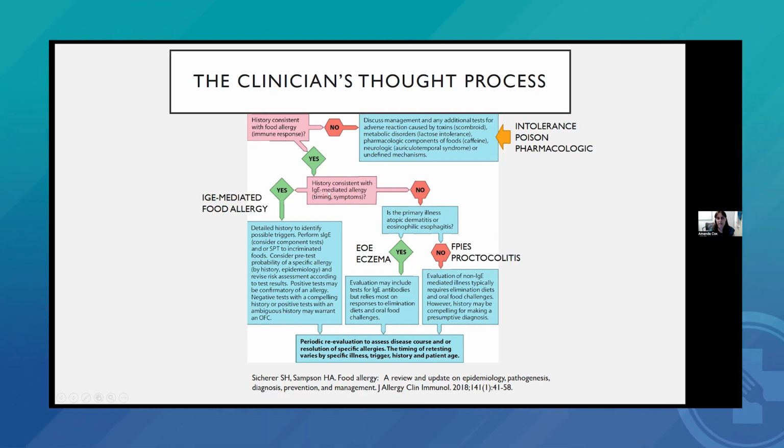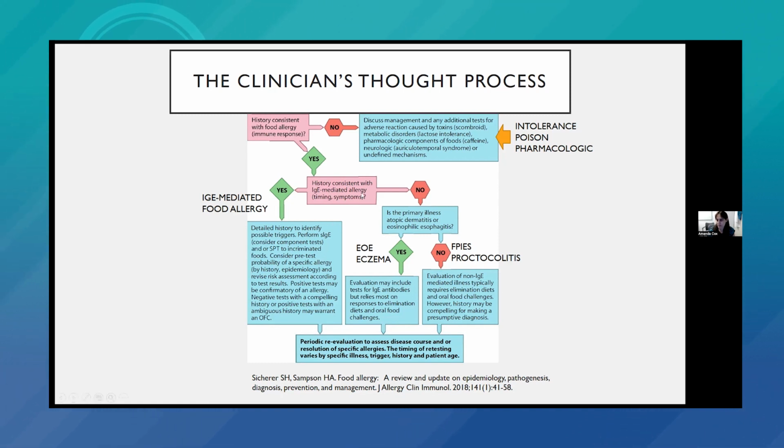If it's IgE mediated, like the common peanut allergy, I want to talk about the triggers. This is where I will do our IgE blood testing, skin testing, and think about even doing a food challenge if I'm not sure that testing is confirming the food allergy.